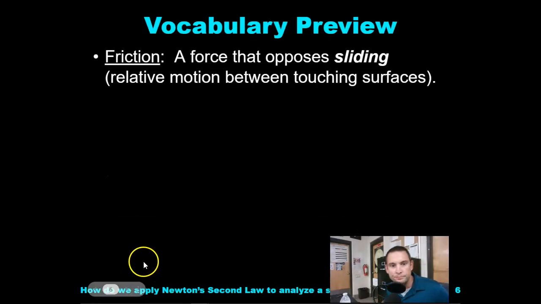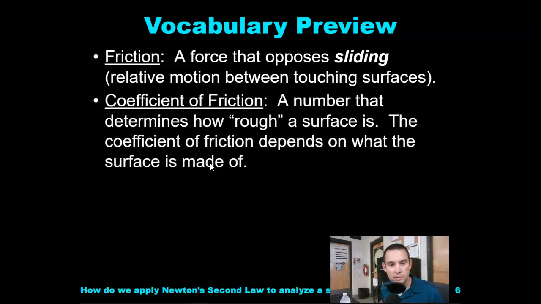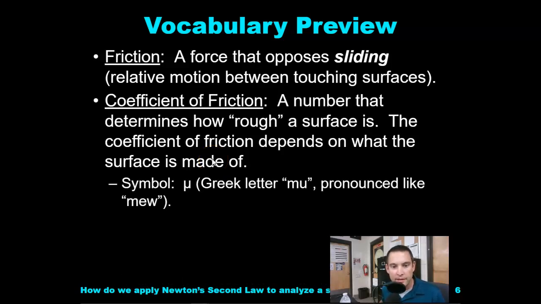So here we go. Friction is a force that opposes sliding. Remember, it does not oppose motion, it opposes sliding. Relative motion between touching surfaces. Coefficient of friction is a number that determines how rough a surface is. The coefficient of friction depends on what the surface is made of. The symbol is this mu right here.